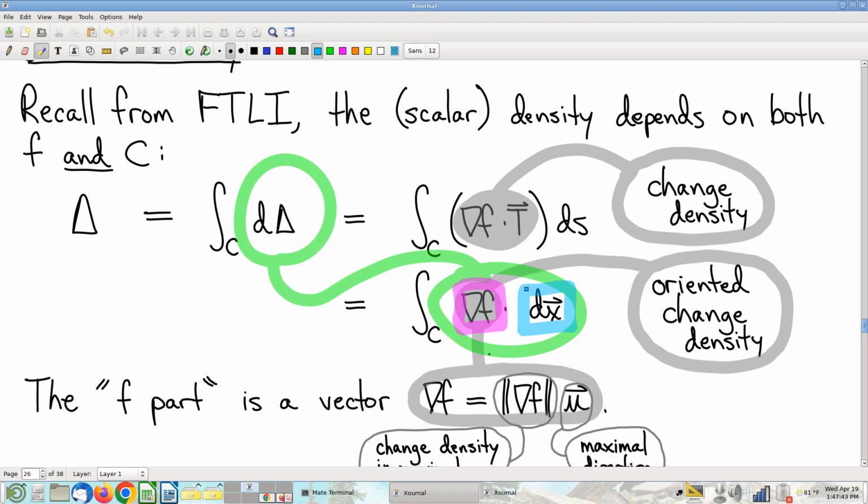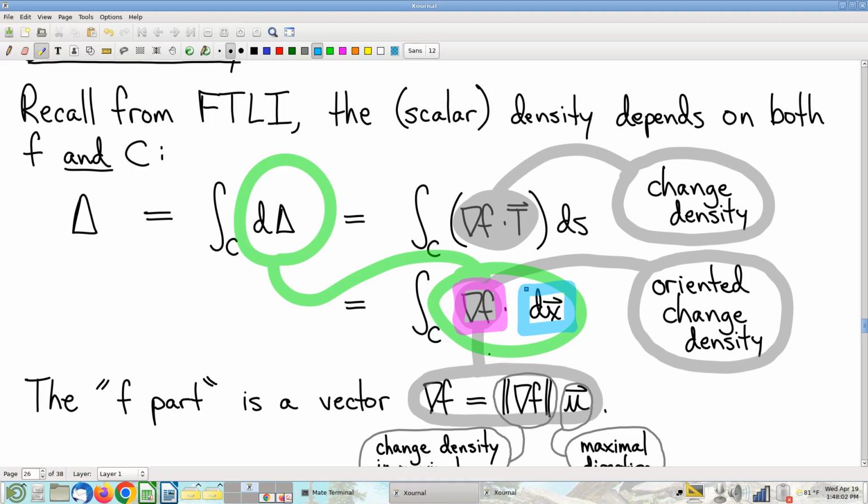Oriented size is the term I use for the dx vector here because it is telling you two things. It is telling you the size by virtue of its magnitude, and it's telling you the orientation of that little piece by virtue of its direction.